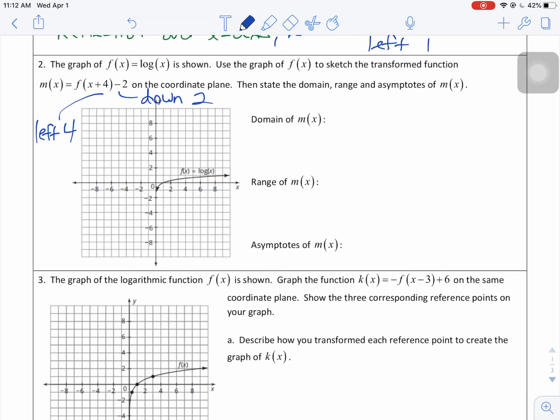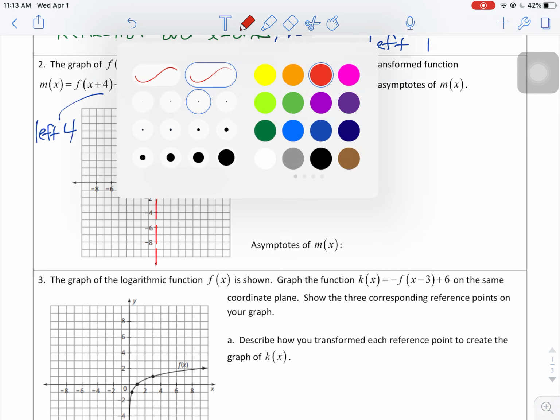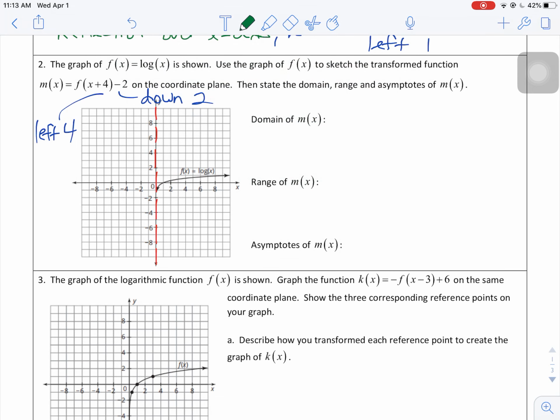So the original function has a vertical asymptote right here at x equals 0. If I'm going to move left 4, I want to make sure that my new vertical asymptote is at x equals -4. And I'll go ahead and write that down off to the right, x equals -4, because I had to move the whole graph to the left.